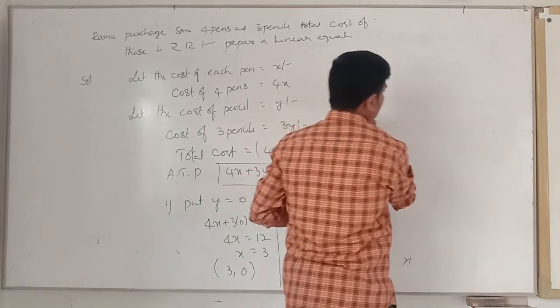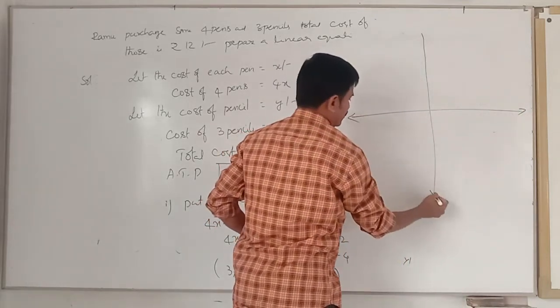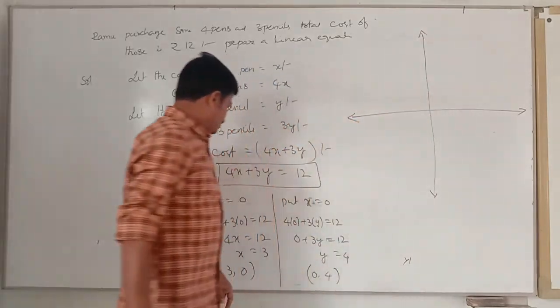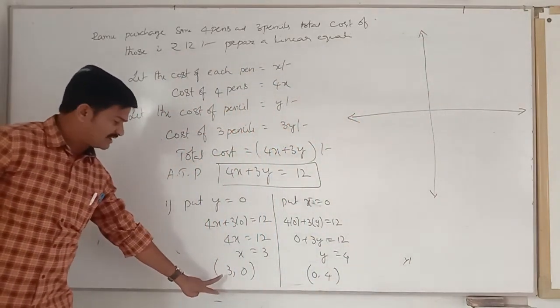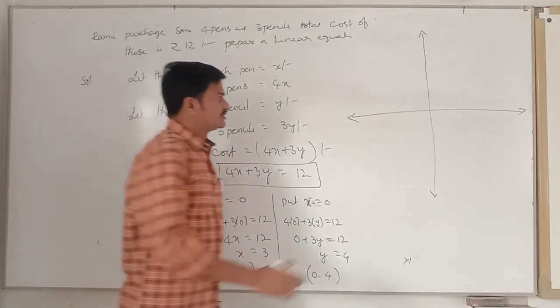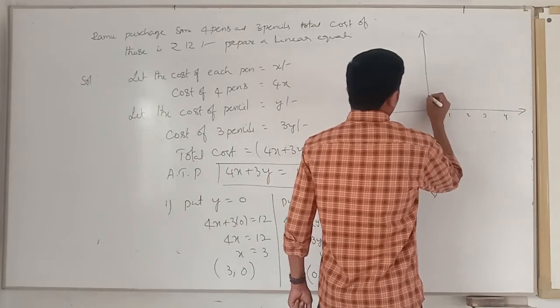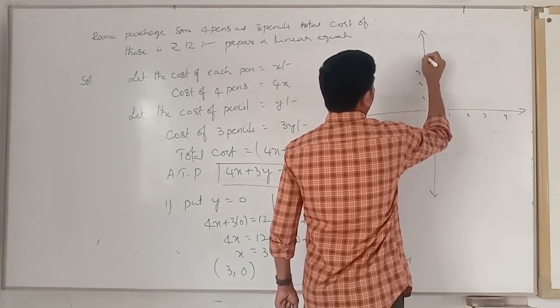Coordinate axes you can draw. I am drawing roughly on your graph sheet; you have to draw very neatly. One point lies on the x axis and another point lies on the y axis. So this is 1, 2, 3, 4, and 1, 2, 3, 4.